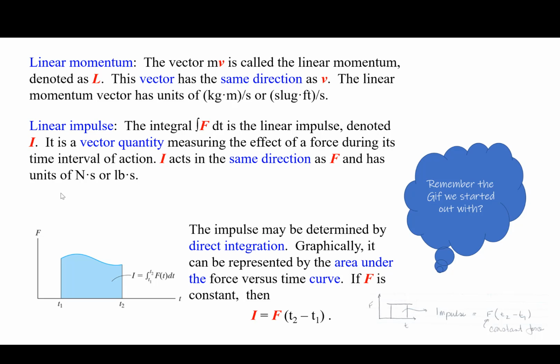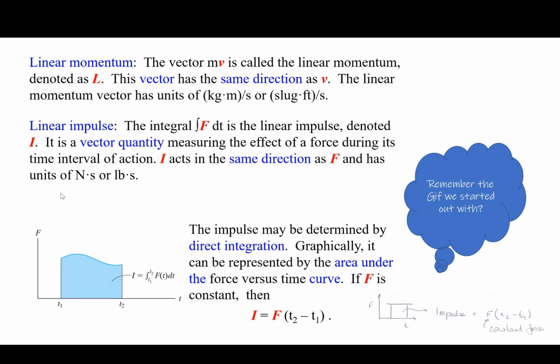The vector is in the same direction as v, and linear momentum has strange units: kilogram meters per second, or in the English system, slug feet per second. And impulse is the integral of force times the change in time, the linear impulse, and we're going to denote that with the letter I. I is impulse, kind of makes sense.